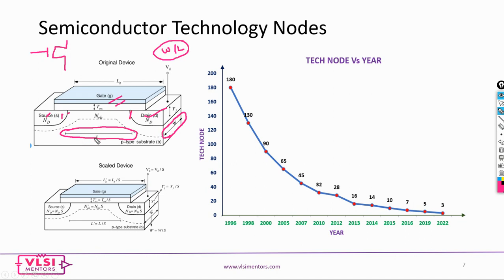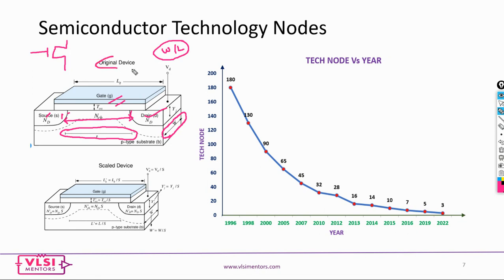So when you go down the technology, say from 90 nanometer to 65, 65 to 45, and 45 to 28, the distance between your source and the drain keeps reducing. That is the meaning of technology scaling down, or technology improving.